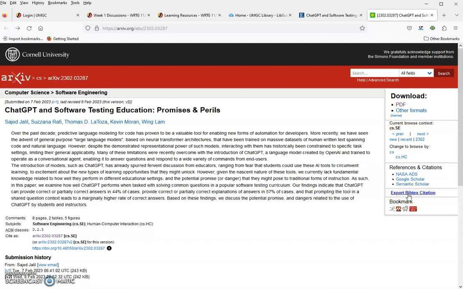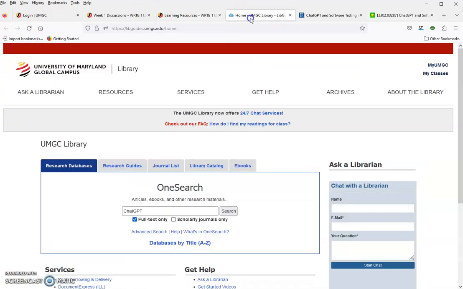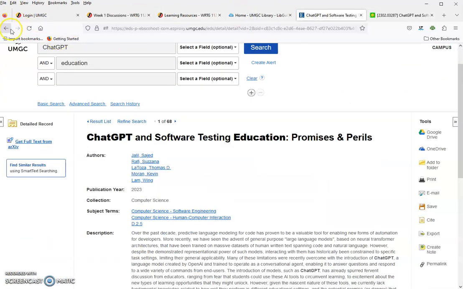give you the exact citation that you can use. Let me find another one, I'll try to do it pretty quickly here. Go back to that database.